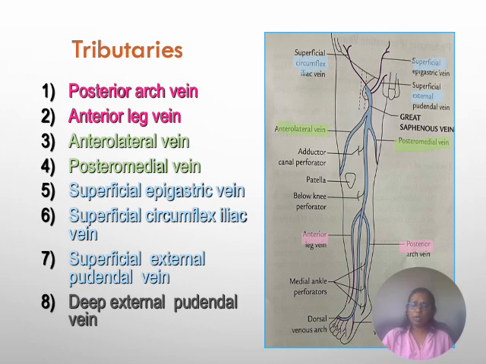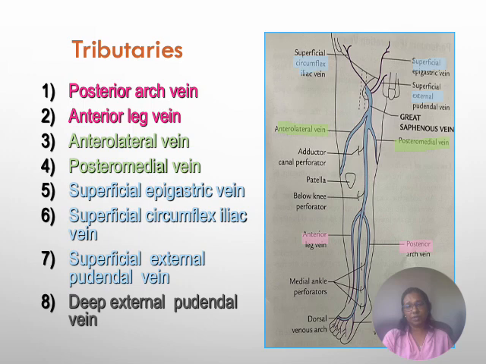It is also called the accessory saphenous vein because it not only communicates with the great saphenous vein, it also channels up and communicates with the small saphenous vein, and hence it is called the accessory saphenous vein.